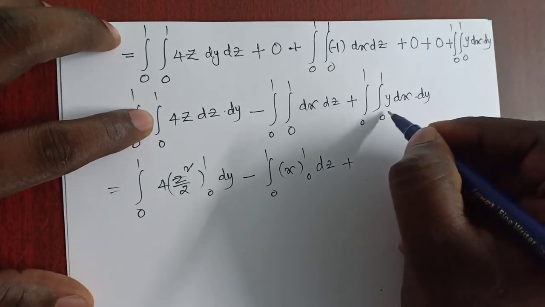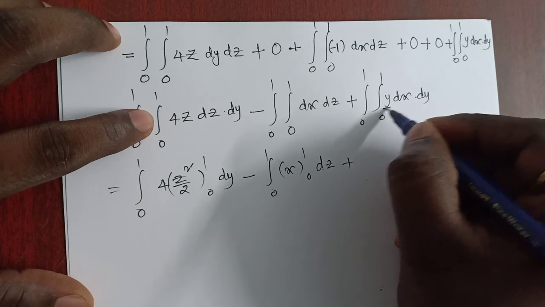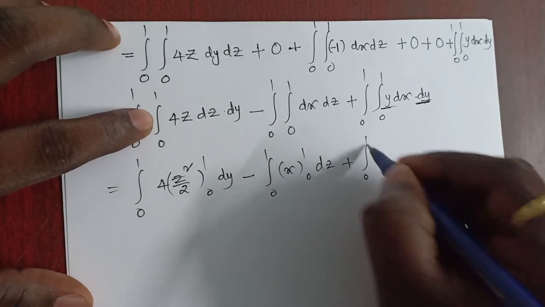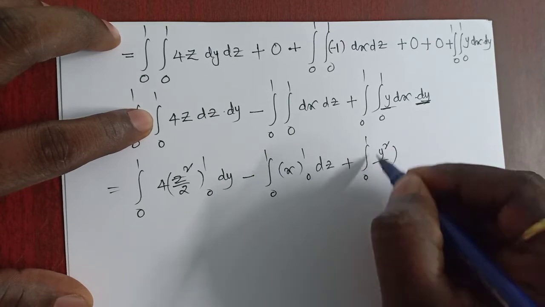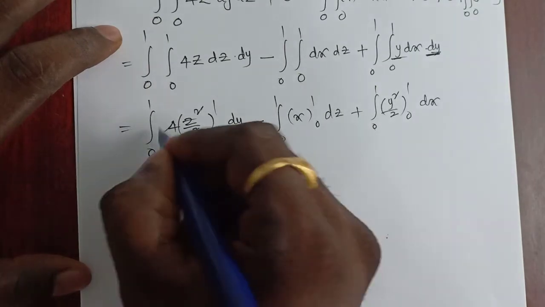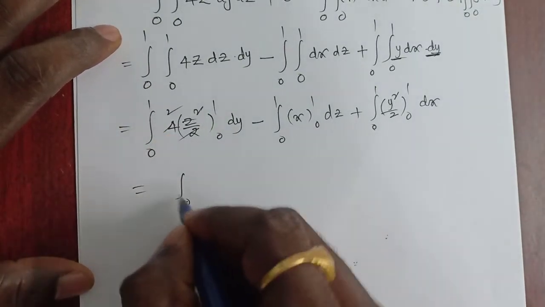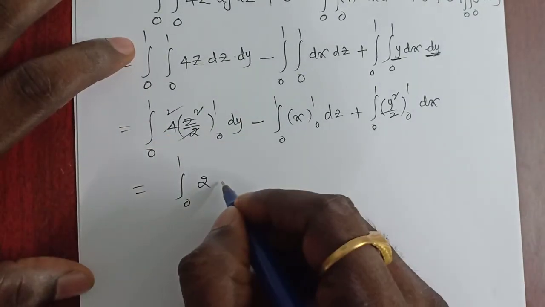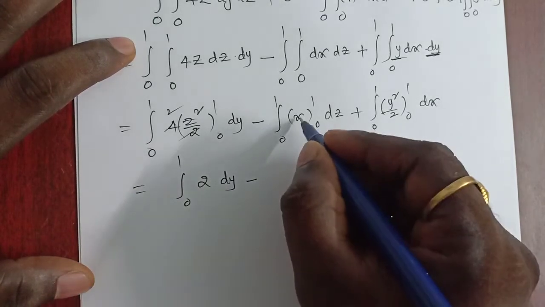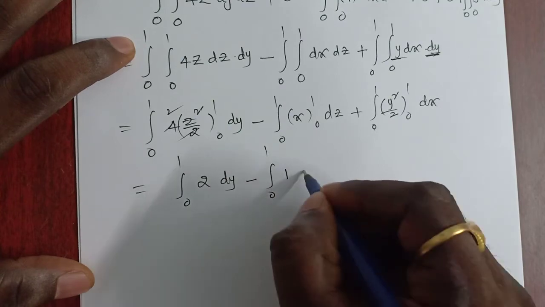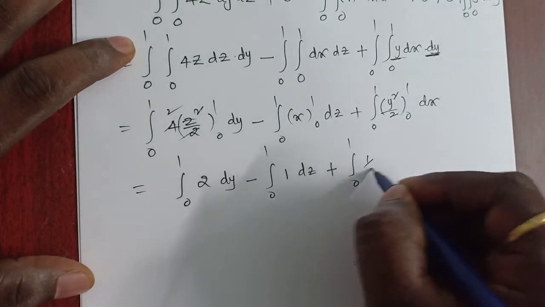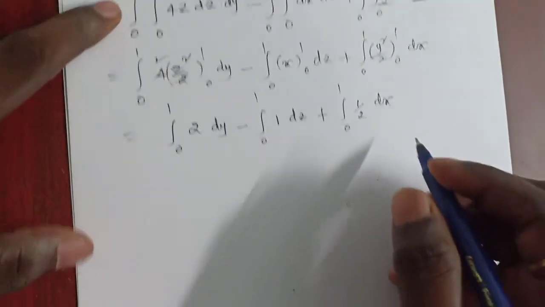For y, if you want to integrate with respect to y, we need to consider these two, so 0 to 1, for y it is y square by 2, with boundaries 0 to 1, and finally we have dx. The 2 and 2 get cancelled, so 0 to 1, 2z square, simply it is 2 dy, minus, if you substitute the upper boundary, it is 1 dz, plus the integration of 0 to 1 of 1 by 2 dx.